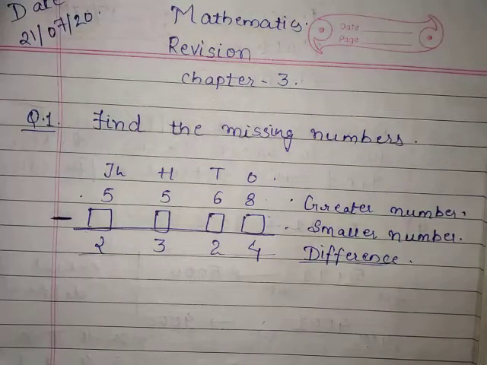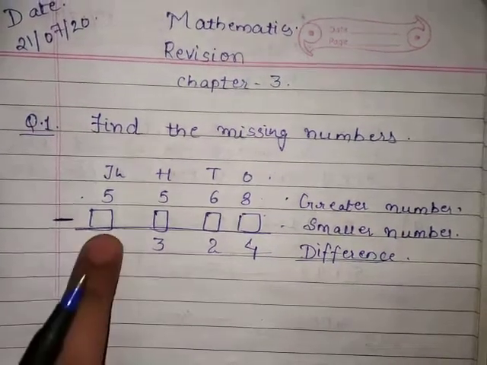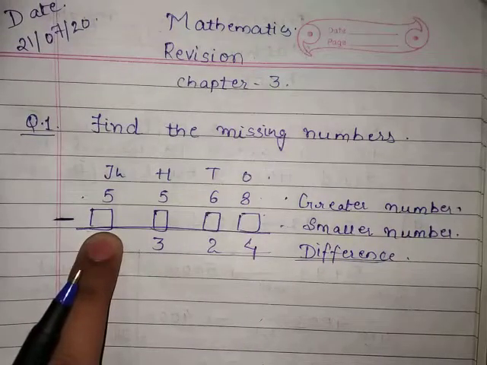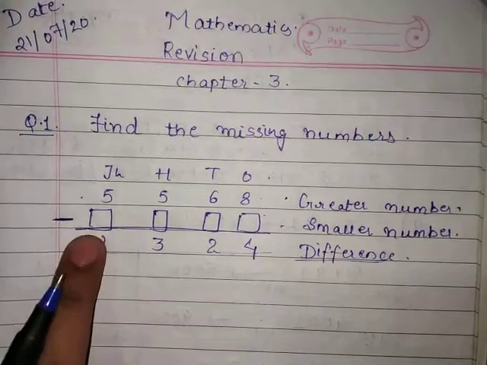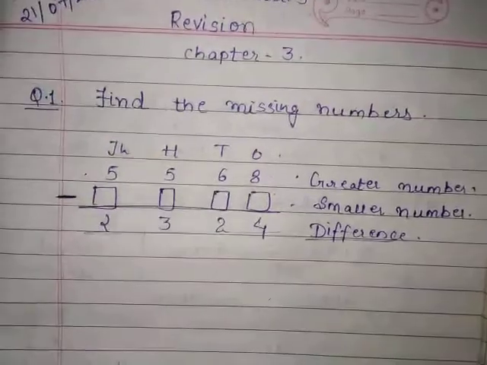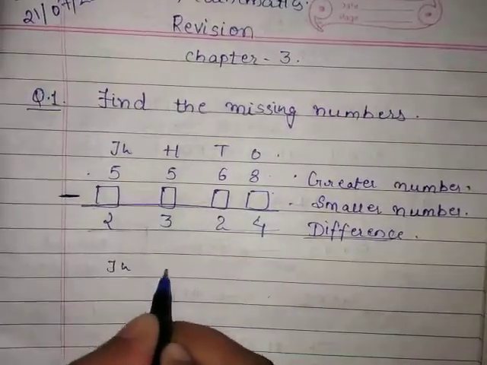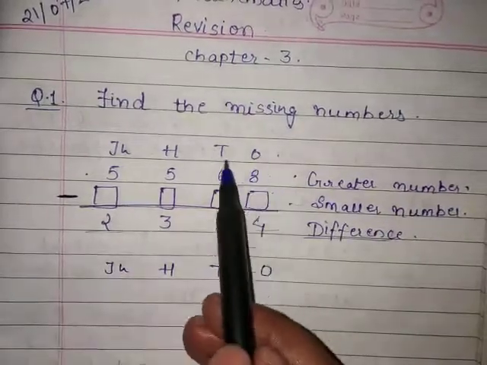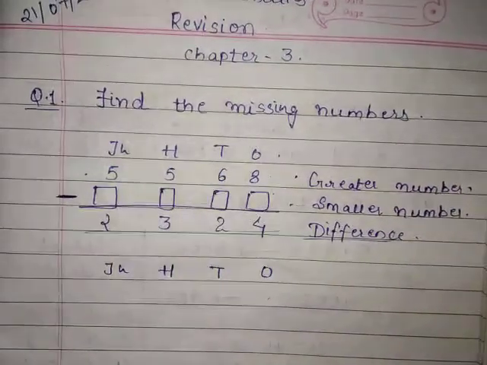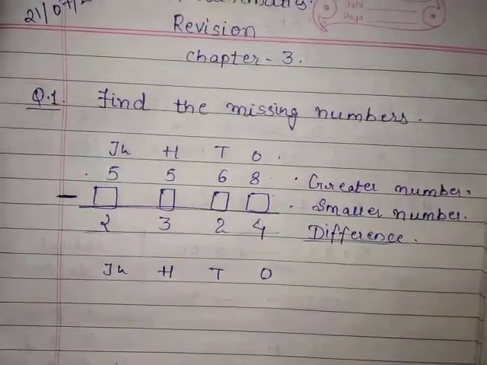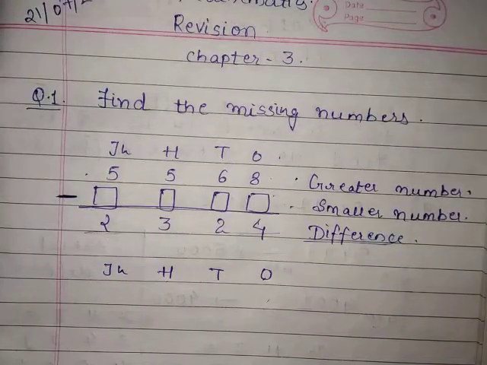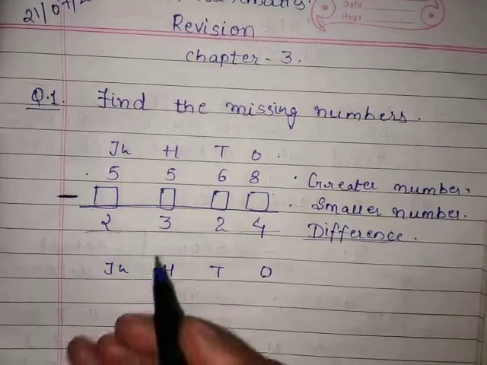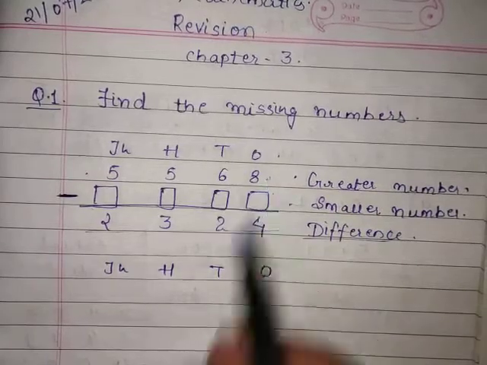Now to get the smaller number, what do we have to do? Let us see. First we have to write the place, that is 1 times 100,000. So here again we have to write the place. Then we have to write the greater number.